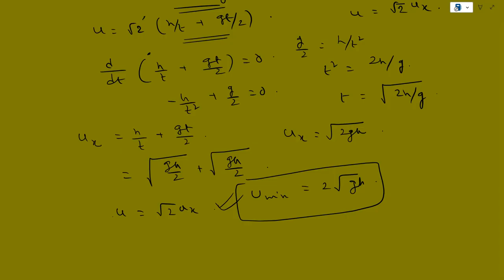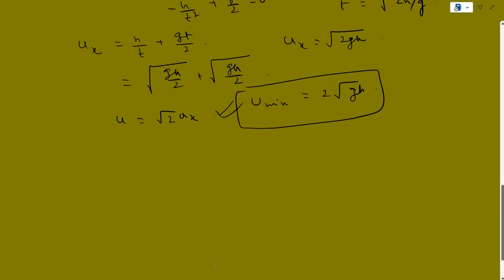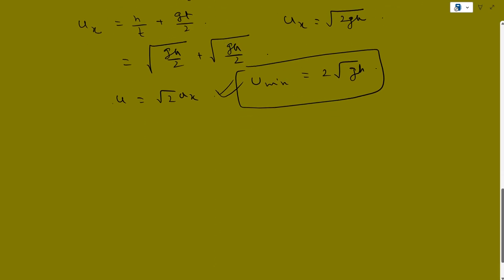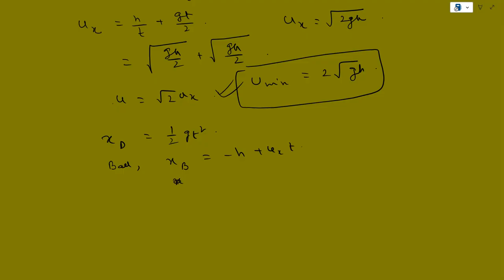So what is the summary basically? x_d is half g t squared. And for the ball, x_b is minus h plus u_x t, and y_b is minus h plus u_y t minus half g t squared. So collision gives us u_x equal to u_y, that is h by t plus g t by 2.